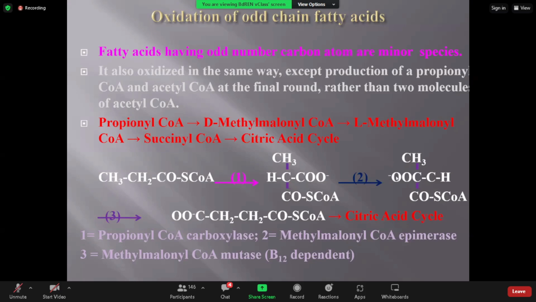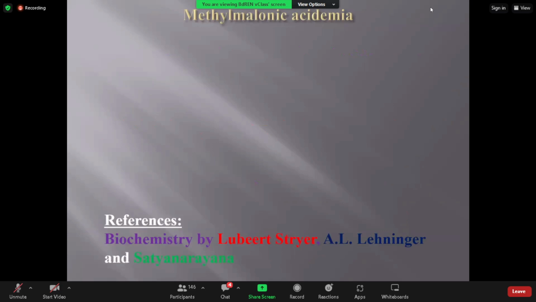So it will be converted into methyl malonic acid. If this enzyme is deficient or absent, then this methyl malonic acid will accumulate in the body, and this is called methyl malonic acidemia.